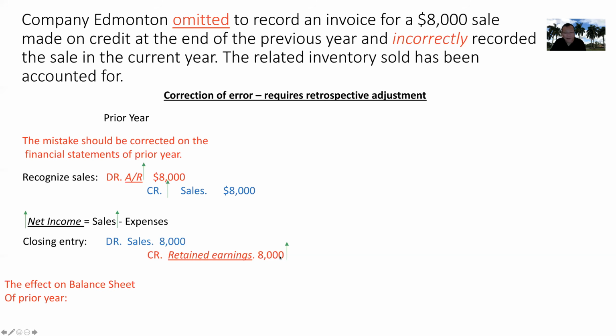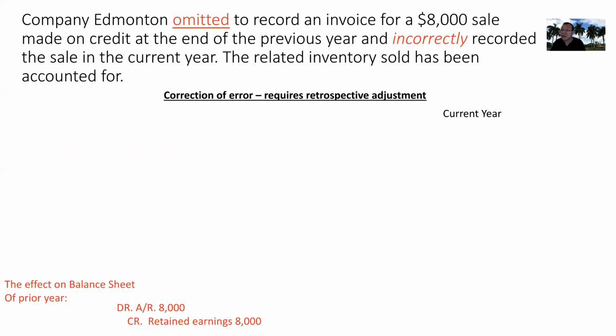So what's the net effect on the balance sheet of the prior year? You have an increase of AR, 8,000, and you have an increase in retained earnings, 8,000. That's the effect on the balance sheet of the prior year. And on the income statement, the net income increased by 8,000. Okay, so let's take a look at the current year.